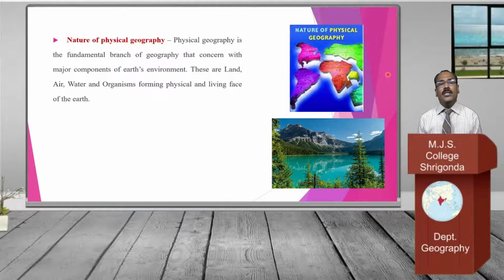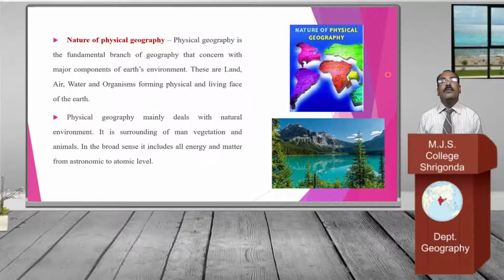Now, nature of physical geography. Physical geography is the fundamental branch of geography that is concerned with the major components of earth environments. There are land, air, water and organisms forming the physical and living face of the earth.